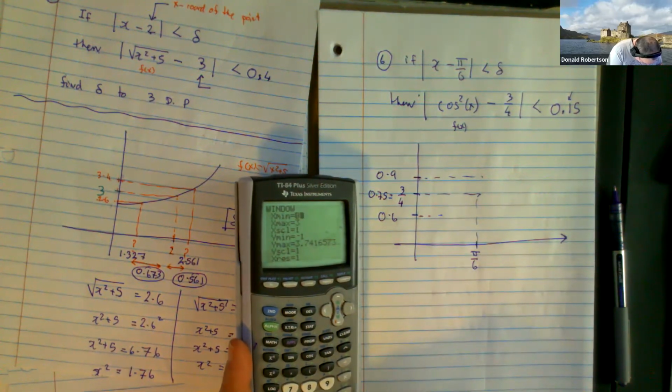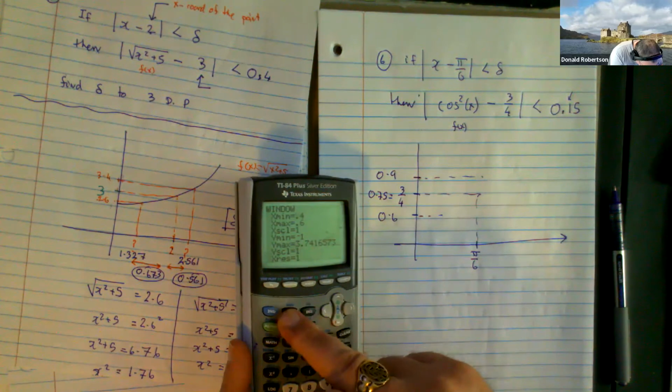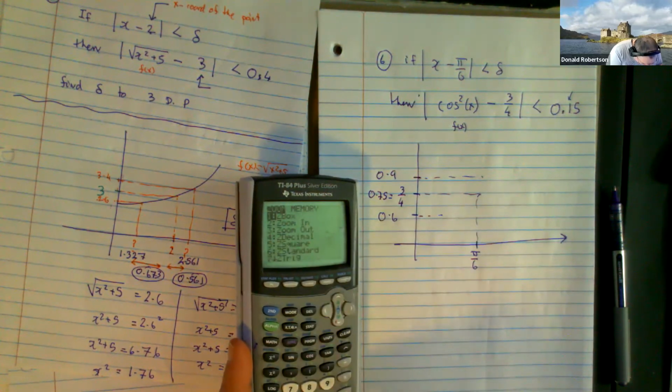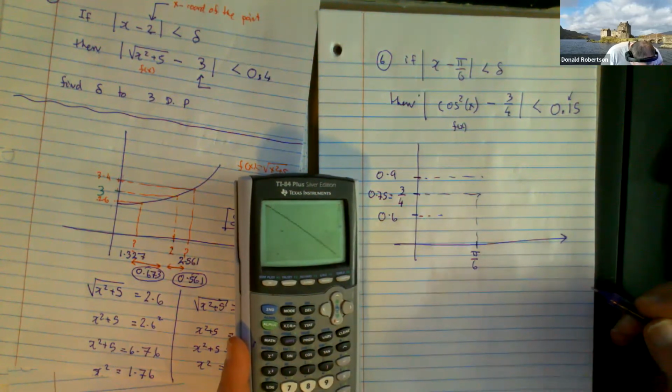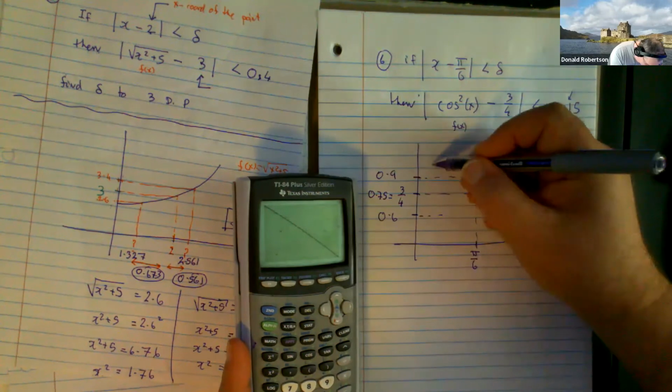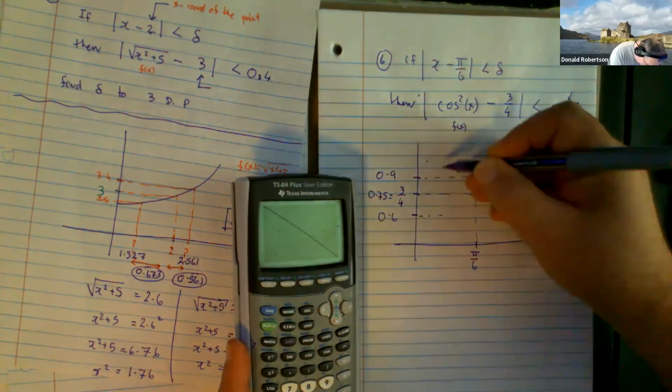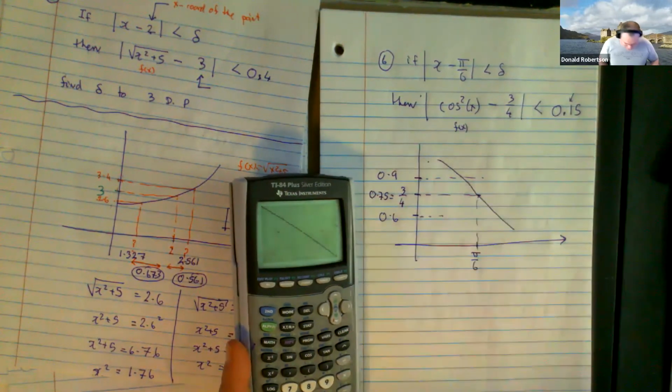So if I do 0.4 and 0.6, that's a rough guide to what the thing looks like. I'm going to do zoom to fit. Okay, so the function is pretty boring. It basically just travels down the way, right?